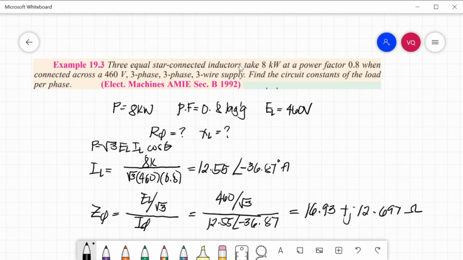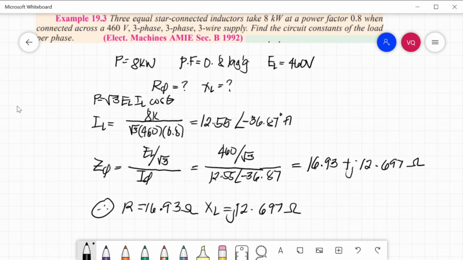You cannot say that this is a pure inductance because you have a power factor of 0.8. So our total power is 8 kilowatts, power factor of 0.8 lagging, line voltage is 460 volts, and we are required to solve for R phase and XL phase.